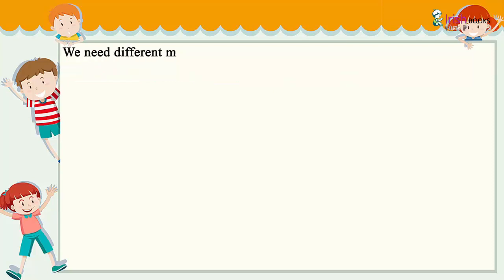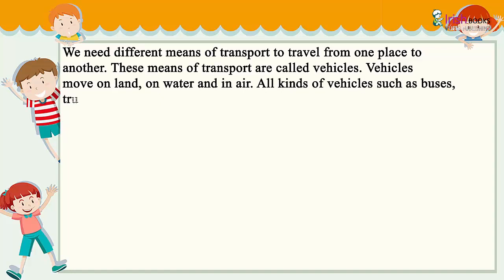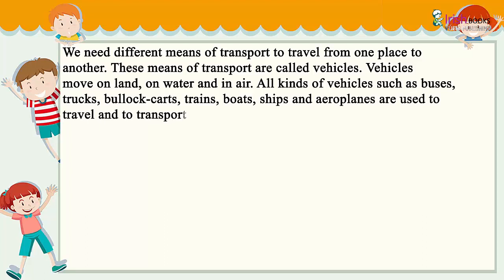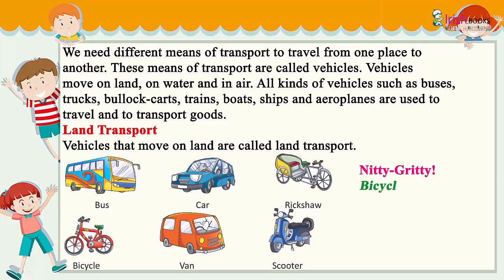We need different means of transport to travel from one place to another. These means of transport are called vehicles. Vehicles move on land, on water, and in air. All kinds of vehicles such as buses, trucks, bullock carts, trains, boats, ships, and aeroplanes are used to travel and to transport goods.